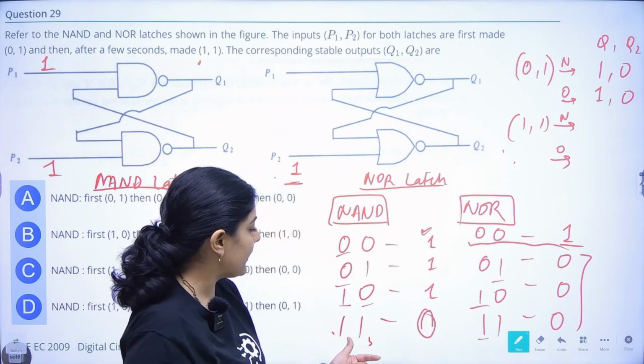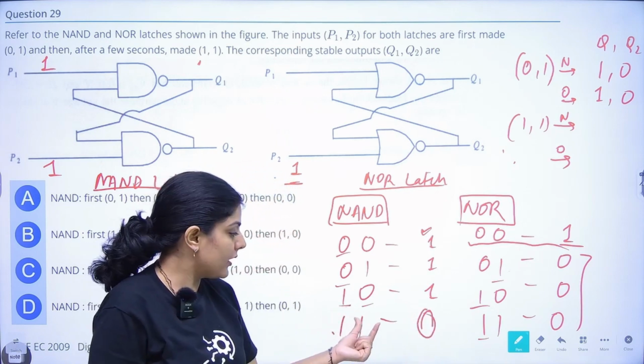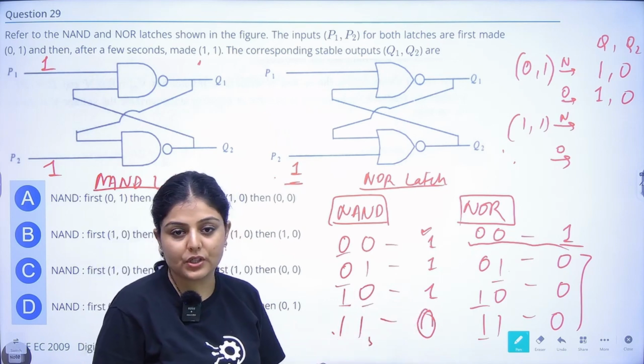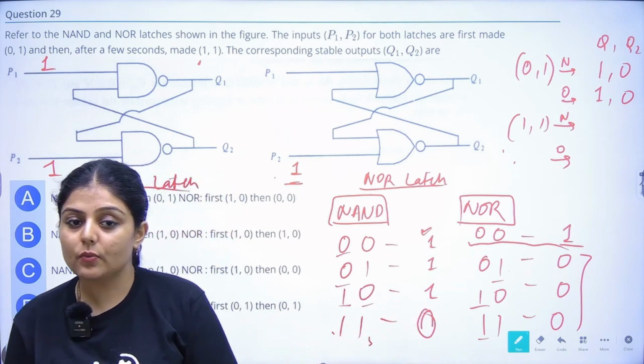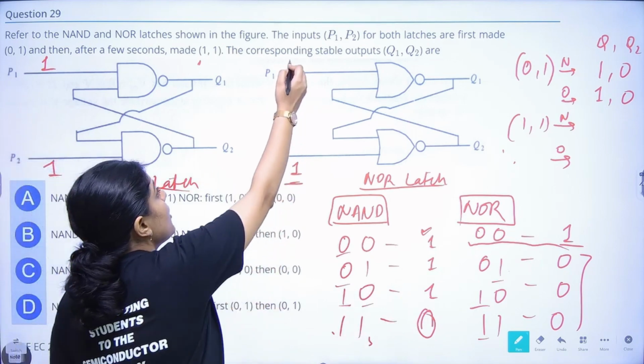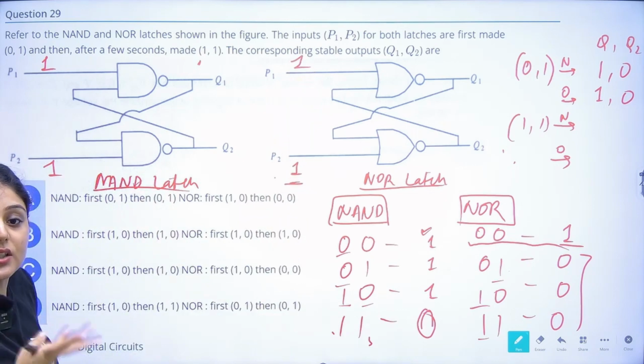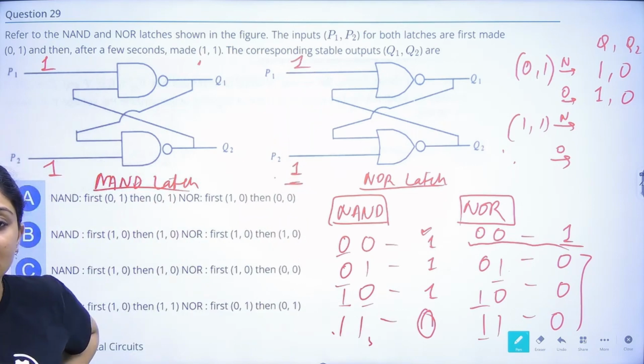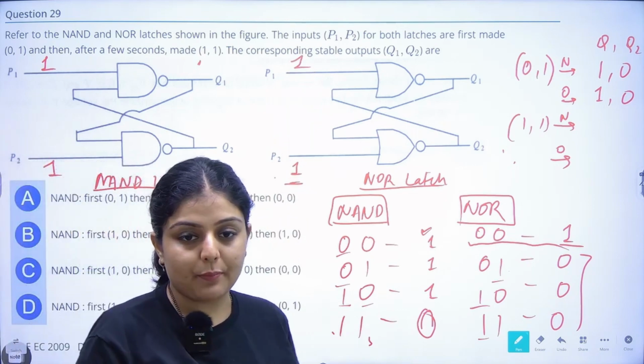I know only one input, and if the other input is 0 or 1, the value of output will change. So in this case we cannot determine it directly. If both are 1, what should we do? We will assume a value and see if that value is stable in that particular latch or not.